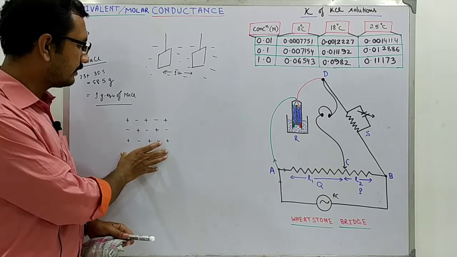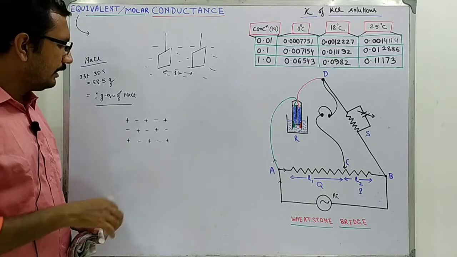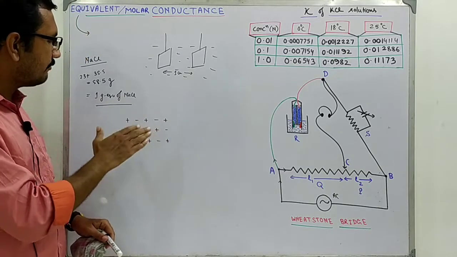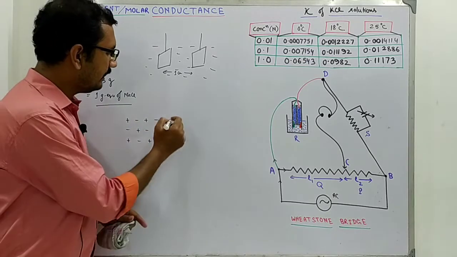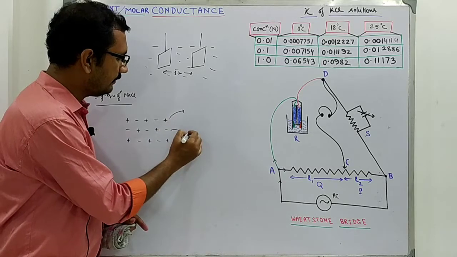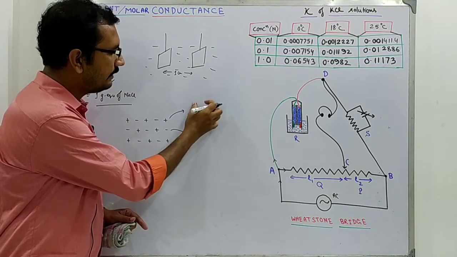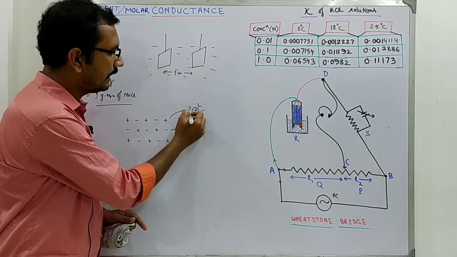So, you have a network. This is in the solid state. Now, when we add water so that we have an aqueous solution of this electrolyte, these ions will come out from the crystal in the form of hydrated cations and anions.